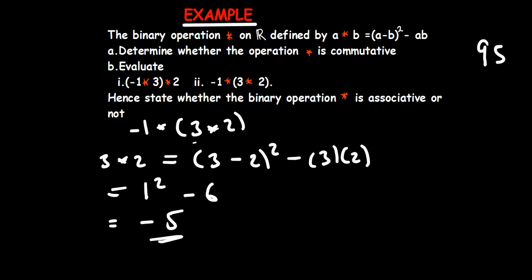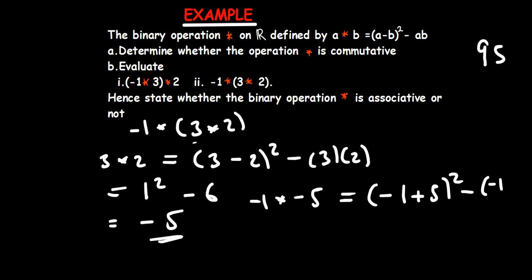So now I have negative 1 star negative 5, and this is going to be equal to negative 1 minus B. Our B is negative 5, so that will be plus 5, then squared, minus negative 1 multiplied by negative 5, like that.